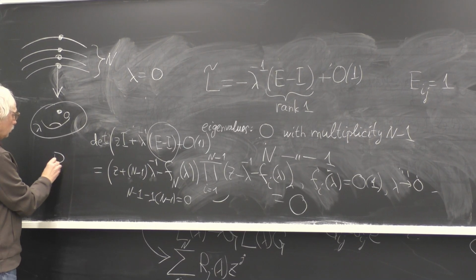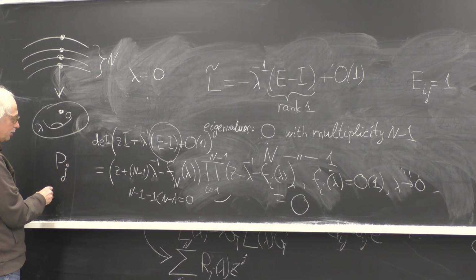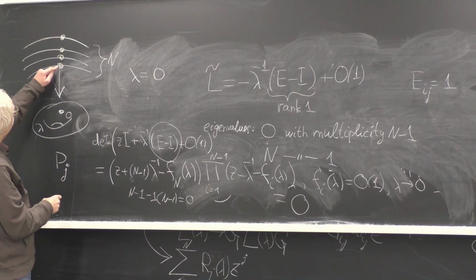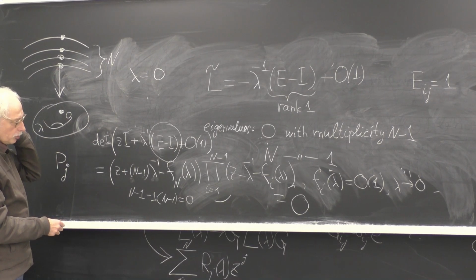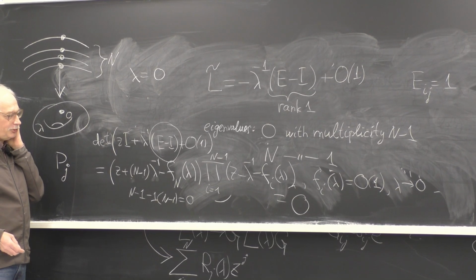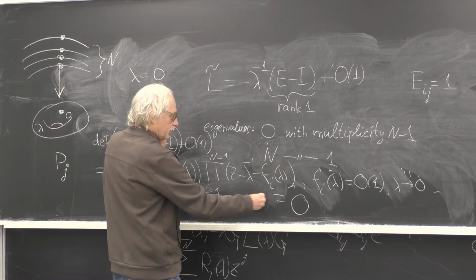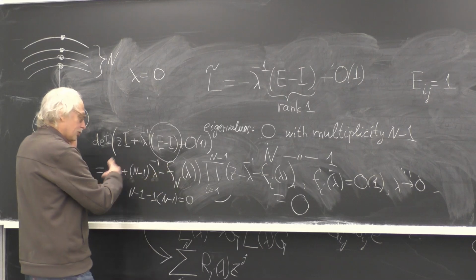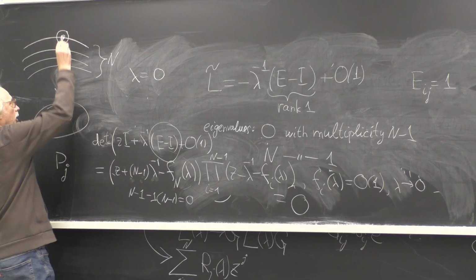Let us denote them by P_j. j runs from 1 to n. And from this formula, you see that one of the sheets is distinguished. These are the same, and this one is distinguished, and let us call it the upper sheet.